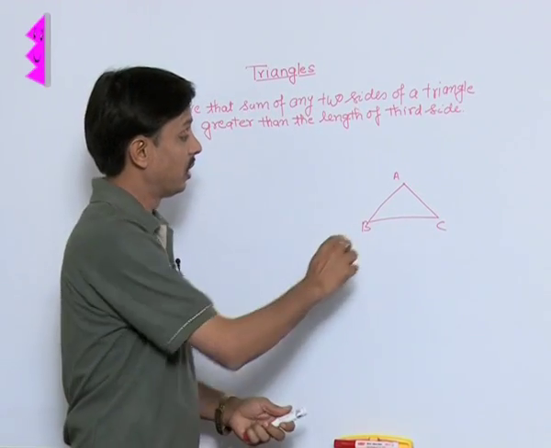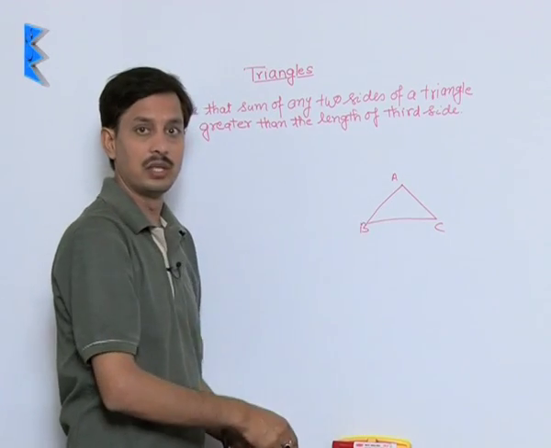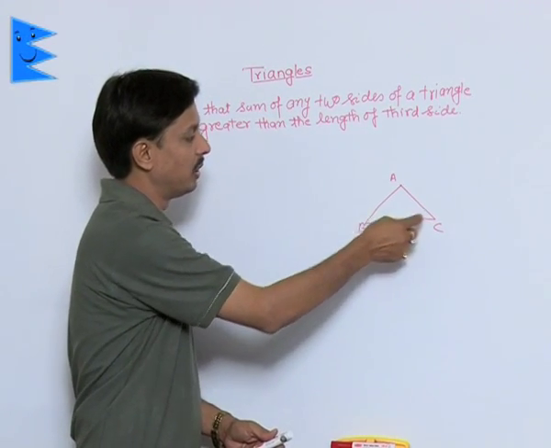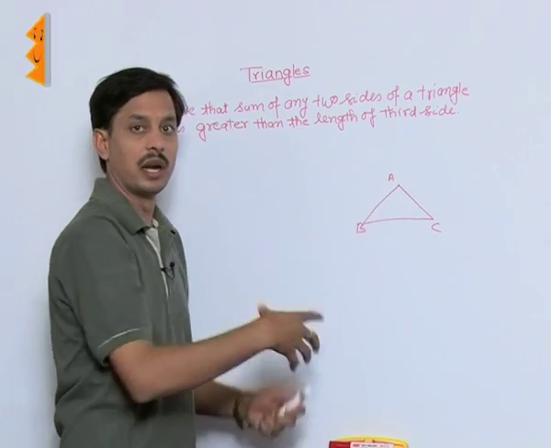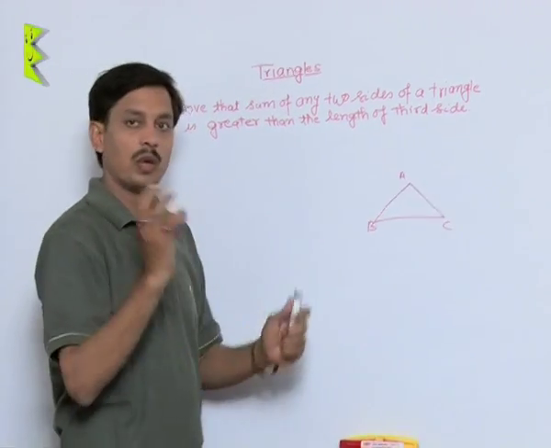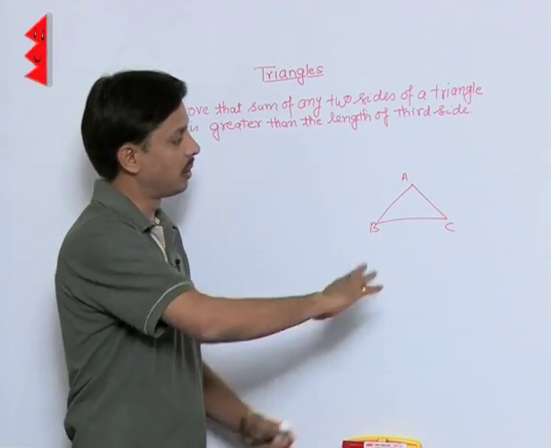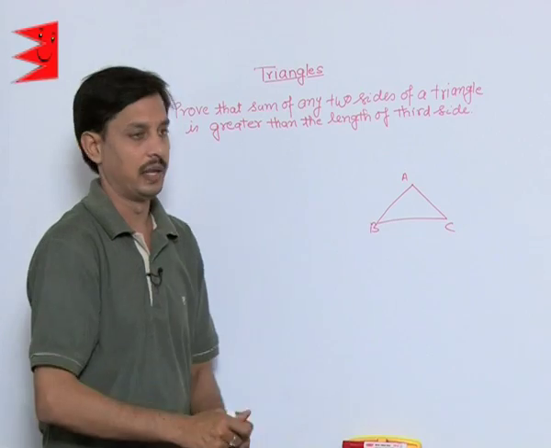If we take BA and BC, then the sum is greater than AC. If we take CB plus CA, it is greater than AB. So what is coming out? If we take any two sides and find the sum, that sum is greater than the third side.